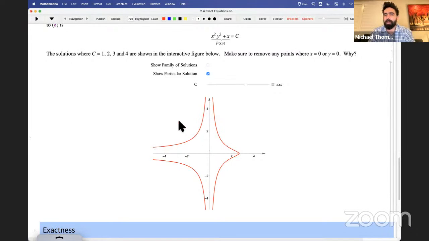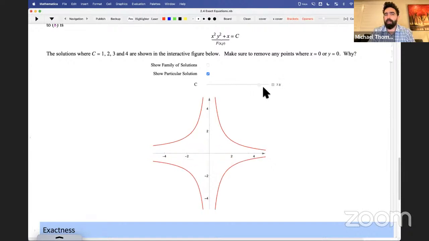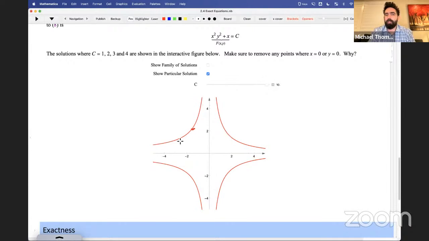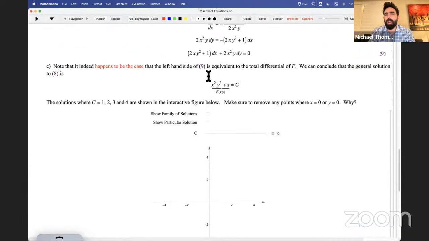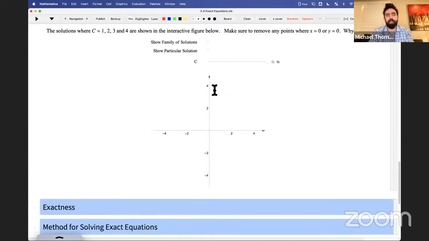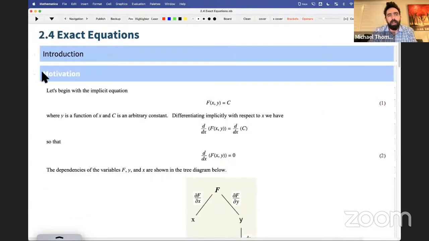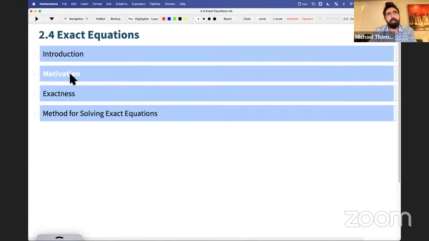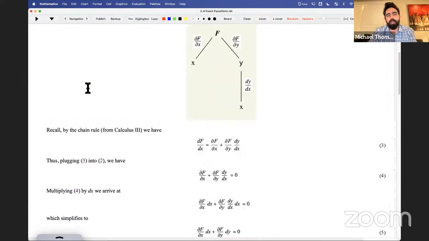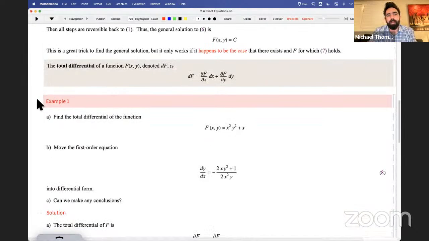And if it was up here, you would move the curve around until you got to that point, maybe right there. And then that would be your solution curve. It's nice to graph these so you have an idea of what the solutions look like. But that's not really how the problems are going to work. This is just more motivation for what we're going to be doing.